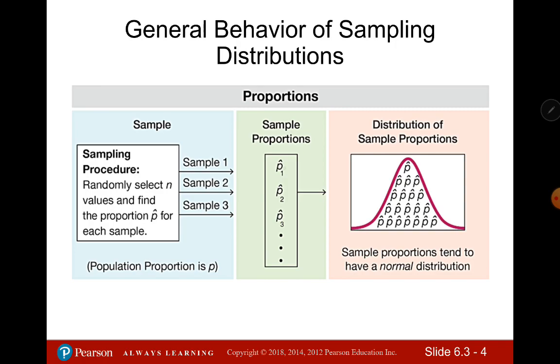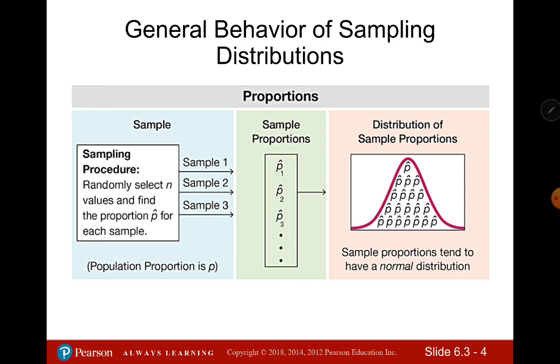Again, how can we get p hat 1? We have a sample. Then we can use all the values in this sample to get p hat. That's called p hat 1. And if we have 100 samples, we can have 100 p hats. If we have infinitely many, we have infinitely many p hats. And all of the p hats tend to follow a normal distribution.